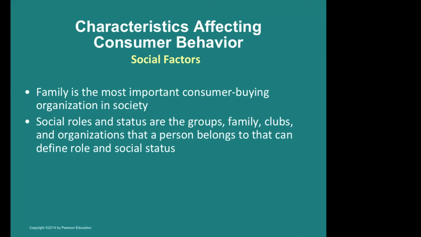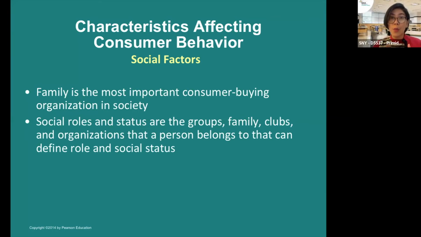Yeah. So what is interesting also about family is that it does not always have to be in the context of mother, father, children. It could be a joint decision making between husband and wife. For example, marketers also want to spot who makes the decision in financial investment.